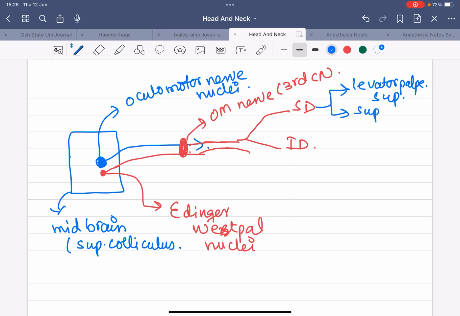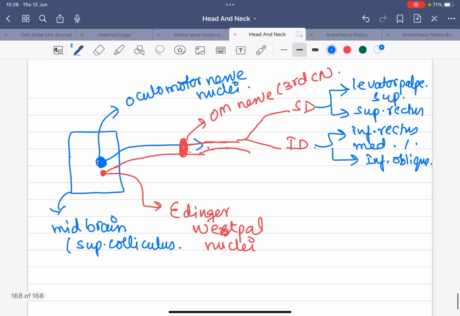The inferior division supplies the inferior rectus, medial rectus and inferior oblique muscle. But along with the inferior division, it is also taking the fibers of the ciliary ganglion.